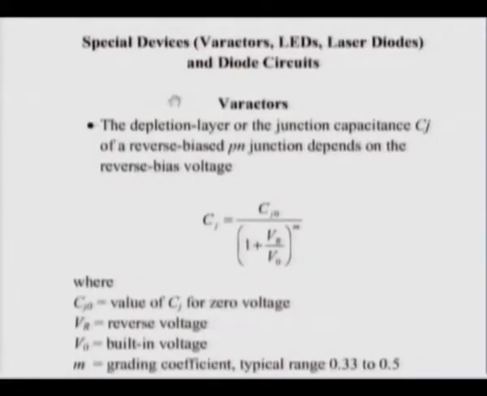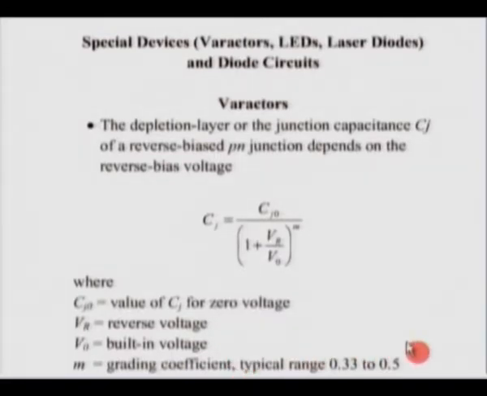Because of this, Cj, the junction capacitance of a reverse biased PN junction, can be related to the reverse bias voltage by this equation: Cj is Cj0 divided by (1 plus Vr by V0) to the power m, where Cj0 is the value of Cj for 0 voltage, Vr is the reverse voltage, V0 is the built-in voltage, and m is the grading coefficient.